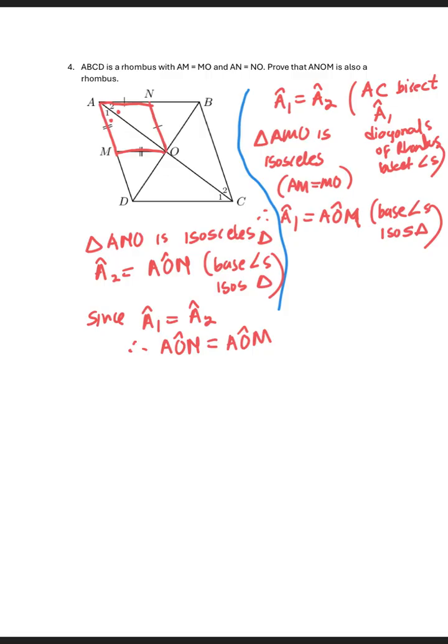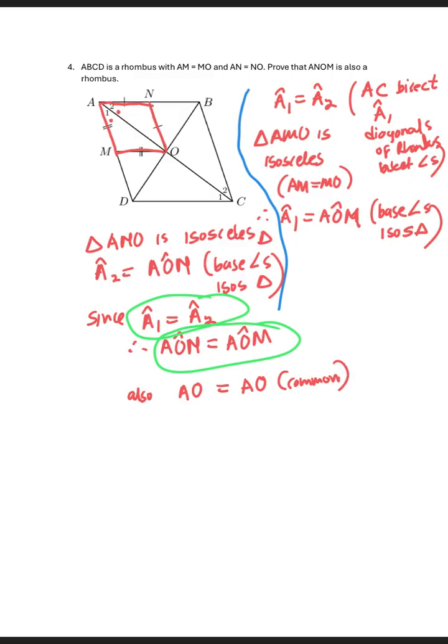So we have this situation now: this angle is equal to this angle, and then we can include AO. Side AO is equal to side AO. This is common, right? So then we have three conditions of a congruency.